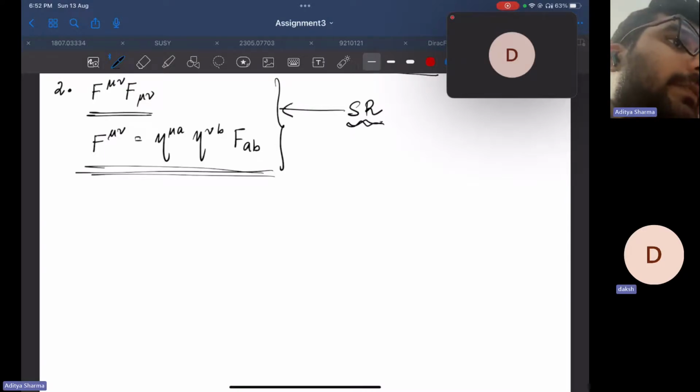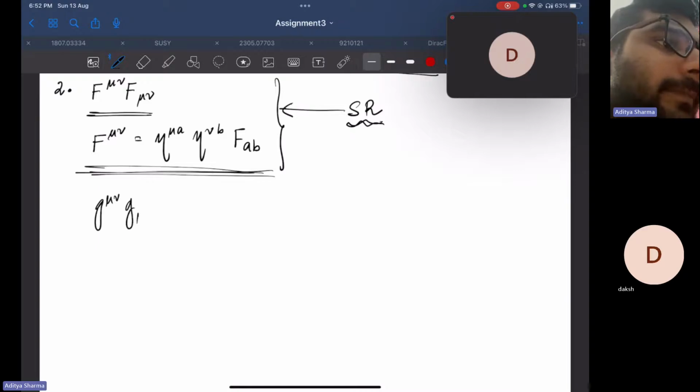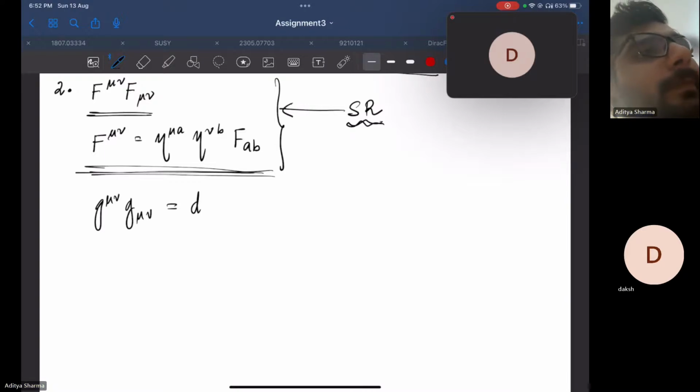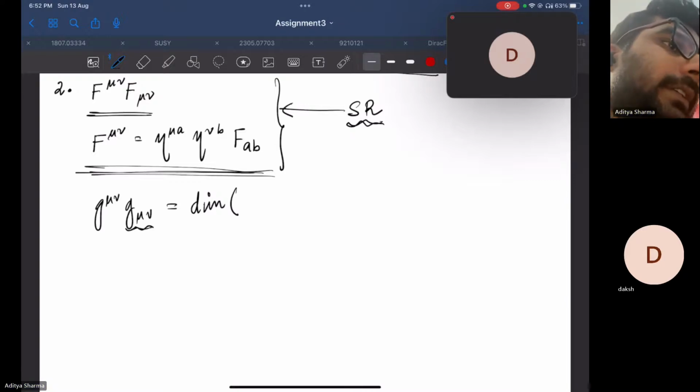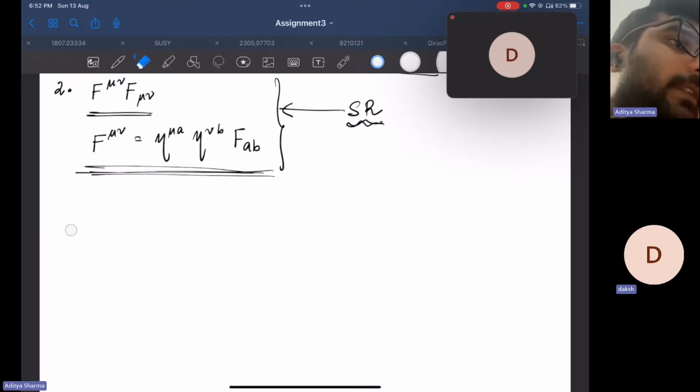But in general, if you go to GR or something like that, your G mu nu is actually the dimension of the matrix, the metric. Okay, leave this thing here.